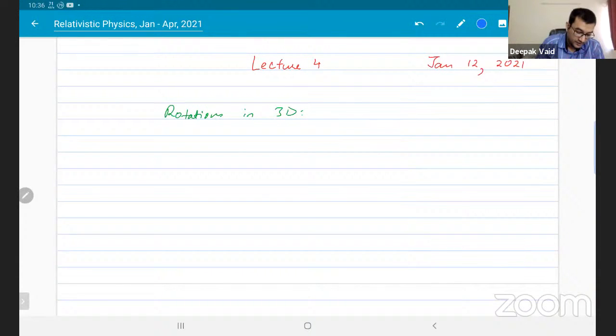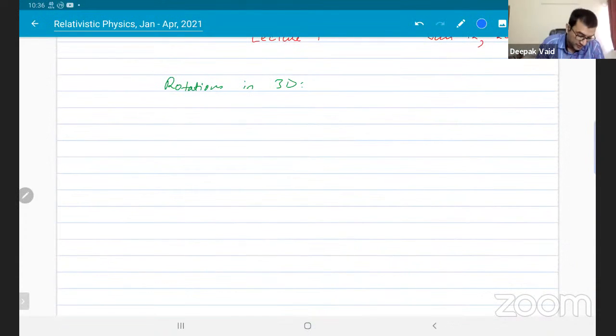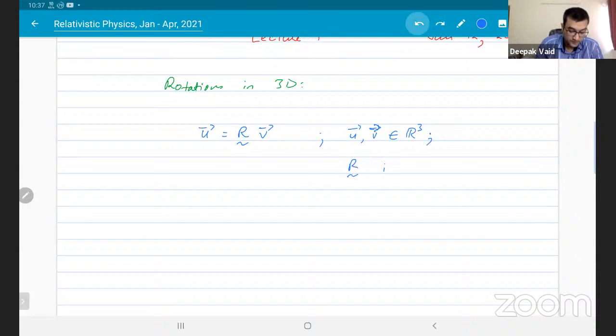And what happens in 3-dimensional rotations, right? So again, I hope everybody knows what the rotation matrix looks like, right? We have two vectors u and v, which are vectors in R3, and this R tilde is a rotation matrix.